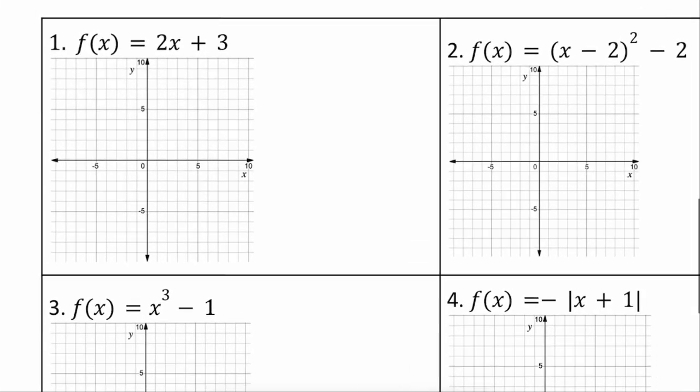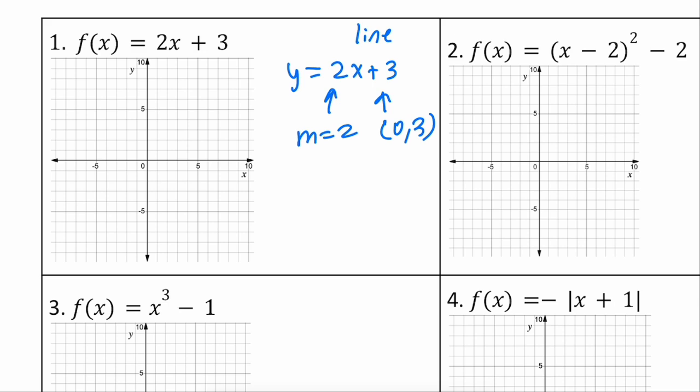So hopefully you recognize, like our identity function, that this is just a line. And you are allowed to do whatever you want to a line. If you recognize that our slope is 2 and our y-intercept is the point 0, 3, that's a good thing to know, okay?